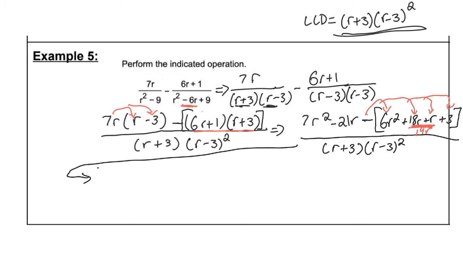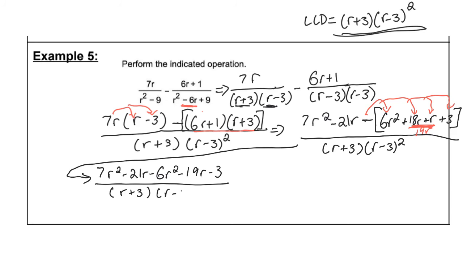Right, 7r squared minus 21r minus 6r squared minus 19r minus 3. And that's all over our LCD again. So this one has a good amount of steps because both fractions didn't have all of the LCD in it.